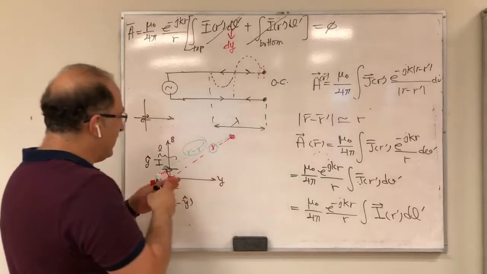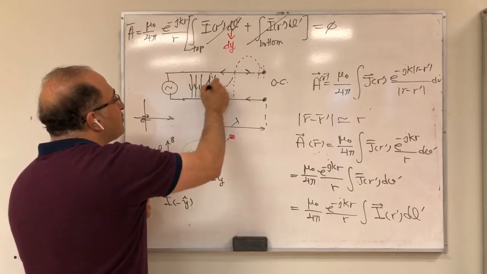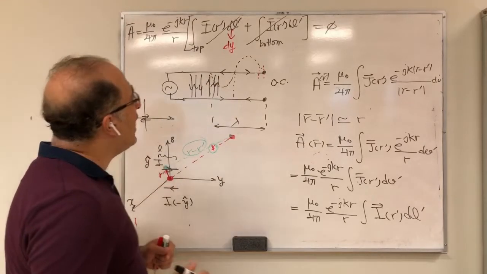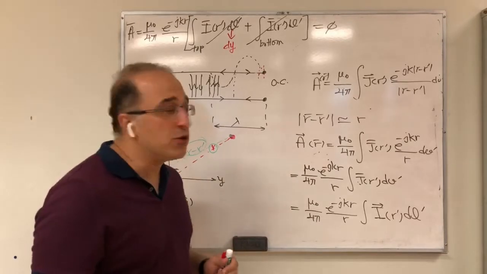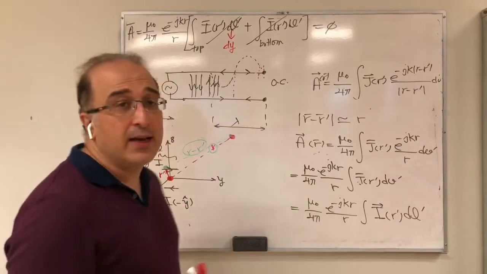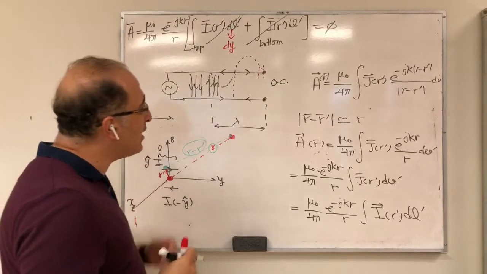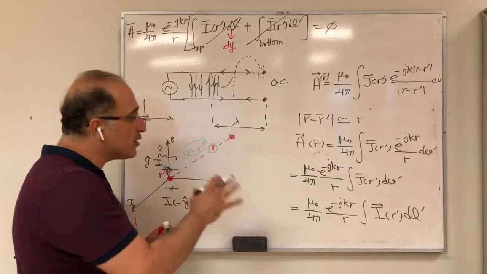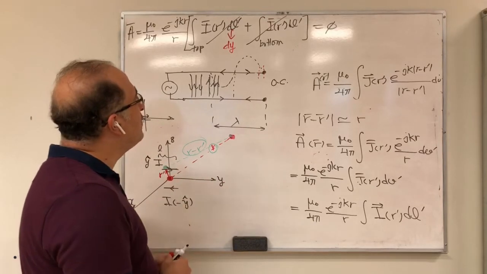So you have electric field bounded between the two wires like that. And so between guided wave and free space wave. So you need to somehow take that into account. So that's what we need to do, and we're gonna do that. But this discussion was for you to understand what's the issue here.